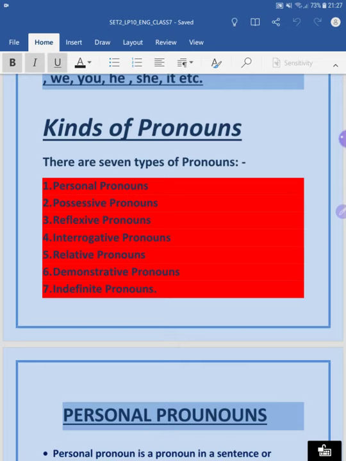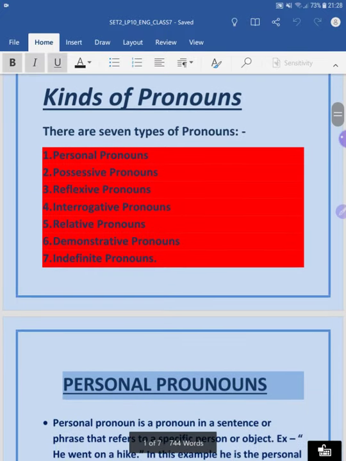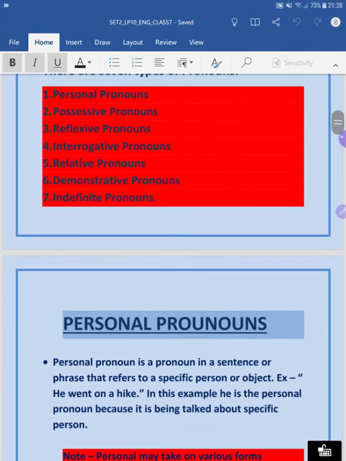The first one is personal pronouns, second one is possessive pronouns, third one is reflexive pronouns, fourth one is interrogative pronouns, fifth one is relative pronouns, sixth one is demonstrative pronouns, and the last one is indefinite pronouns. So now what we are going to do, we are going to discuss each kind of pronouns one by one. So let's start with the first pronoun, that is first personal pronouns.